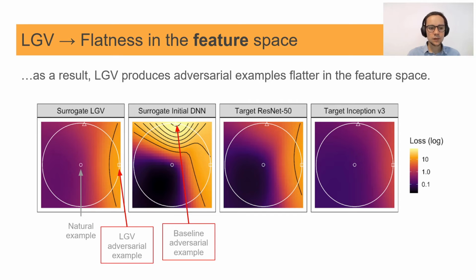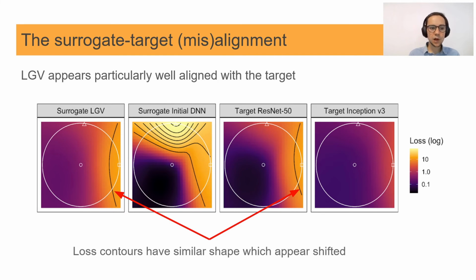And we can see that the LGV adversarial example is much flatter in the surrogate loss. At the same time, LGV appears particularly well aligned with the target, where the two loss contours are of similar shape, though they appear shifted. And these observations are coherent with our surrogate-target misalignment hypothesis.